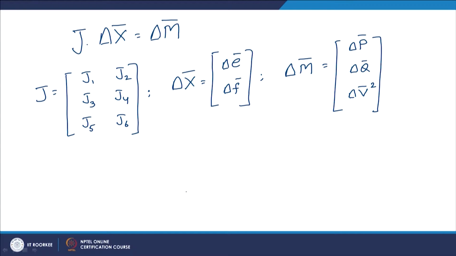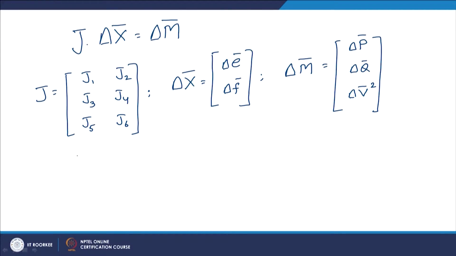Now, we have been also looking at the expressions of all the elements of these matrices J1, J2, J5 and J6. So, to define this matrix J completely, we also need to find out the expressions of the elements of the matrices J3 and J4.